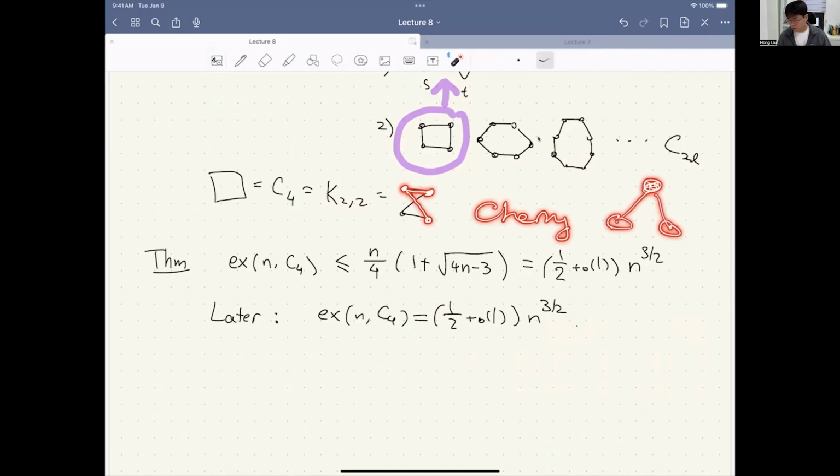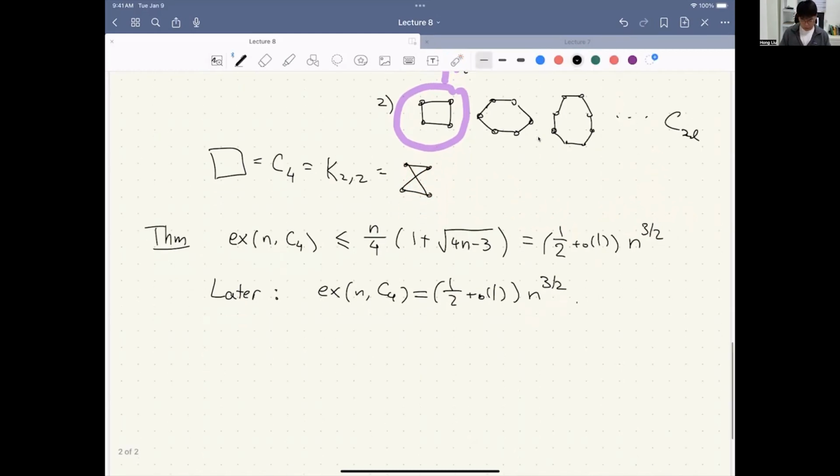How do you draw a cherry? Something like this. Looks like a cherry. So we count cherries, and the trick is that we cannot have 2 cherries sharing the common endpoints. Because if you have 2 sharing the endpoints, you will get a 4-cycle. That's the idea. Double counting.